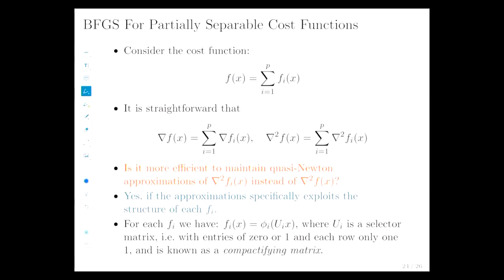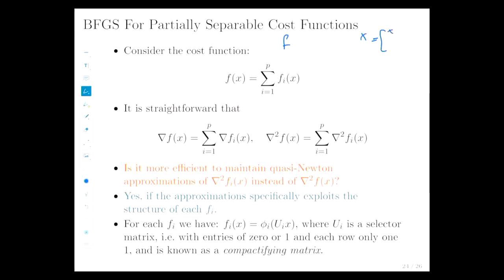So what we do is this. For each fi, we identify how that fi depends on the variables in x, because those elements of x might not appear in every single fi. For example, let's assume I have 2 fi's, f1 and f2, and let's assume x has 3 variables.